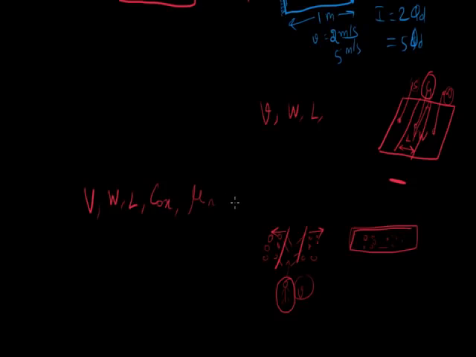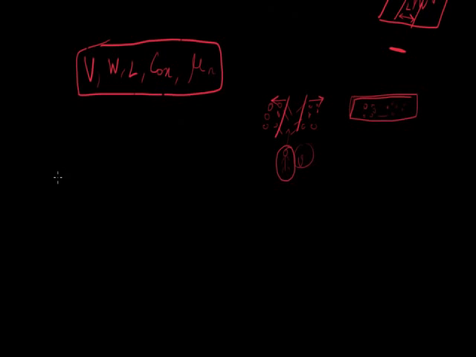N because it's an NMOS, where electrons are the charge carriers. So in a nutshell, your equation for current is going to have these 5 terms for sure. Alright? Well, let's go and derive it properly.